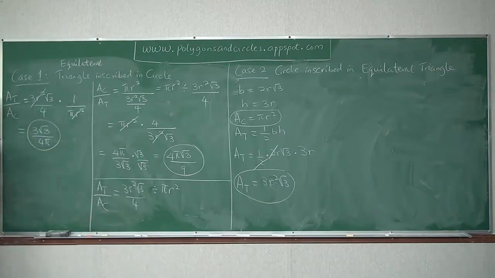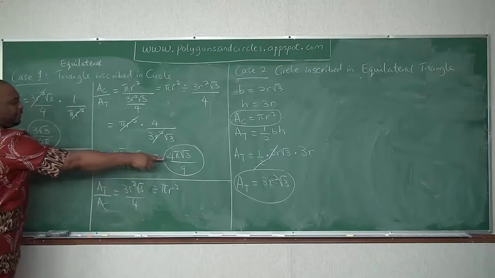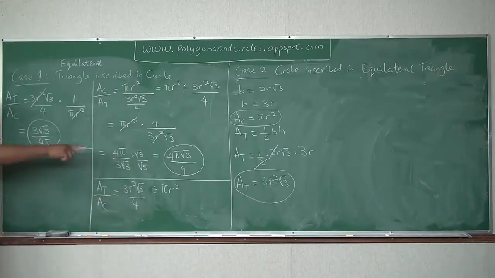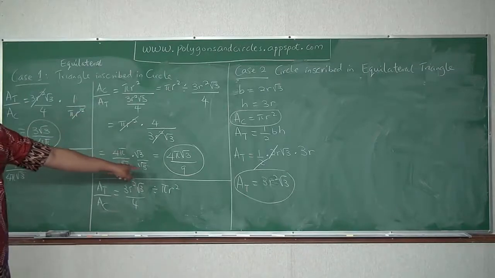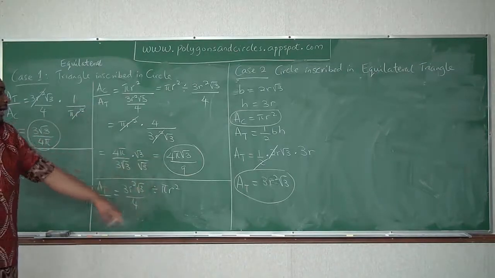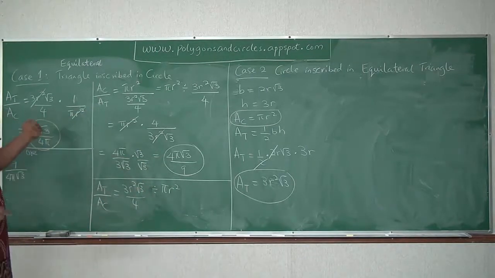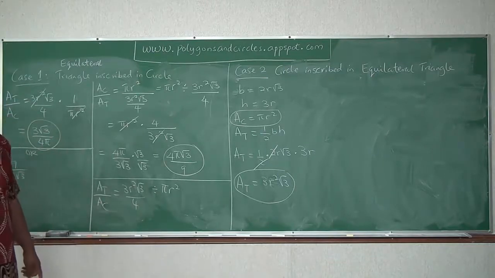Now if you wanted, you could also have flipped this, but you will need to rationalize. We could also have flipped that 9 over 4 pi root 3, because this means AC over AT is 4 pi root 3 over 9. If you want to find AT over AC, you could flip it.